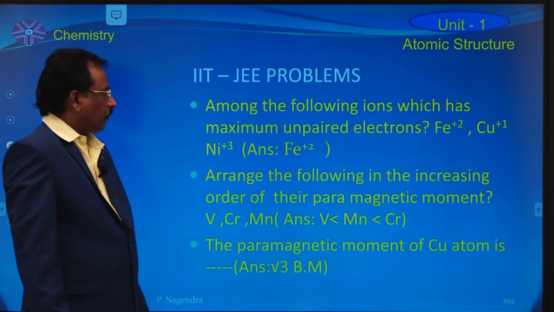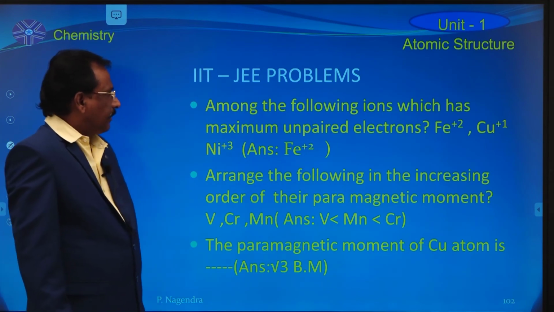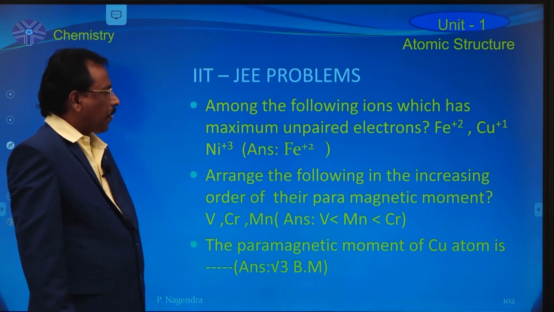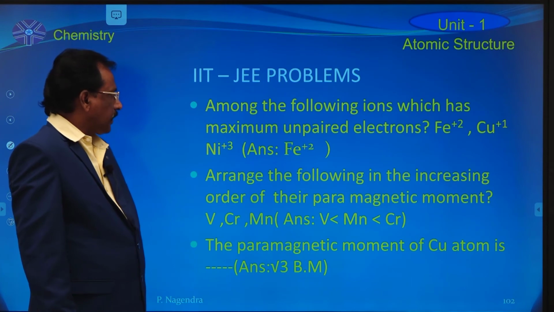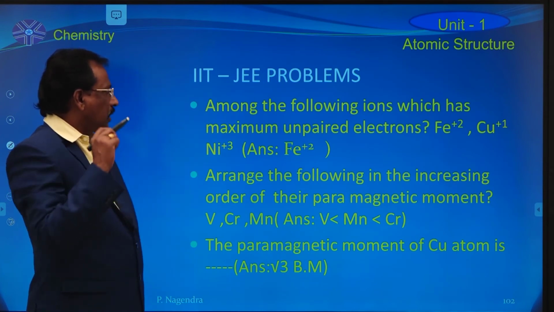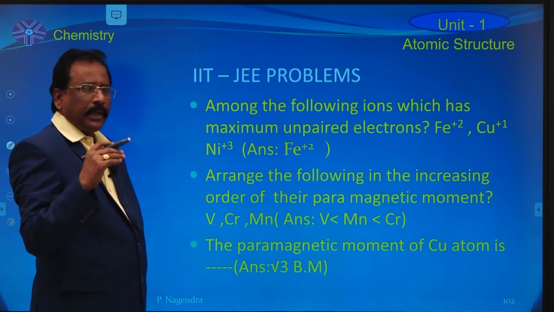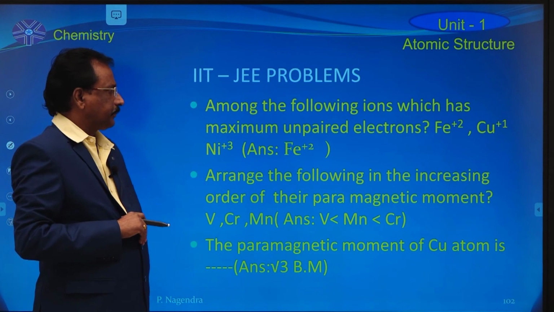Next question is, among the ions Fe plus 2, Cu plus 1, Ni plus 3, which ion has the maximum number of unpaired electrons?